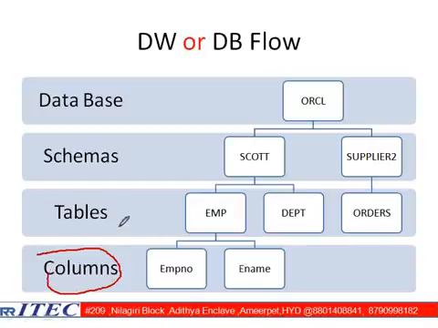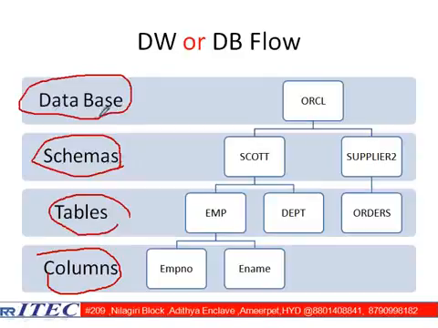N number of columns will be available inside a table. N number of tables will be available inside a schema. N number of schemas will be available inside a database. So employee number and ename are available in EMP. EMP and DEPT are available in the SCOTT schema. SCOTT is available in the ORCL database. This is how the architecture of the database will be.